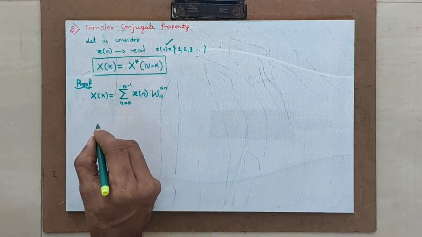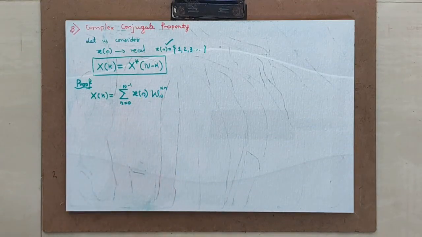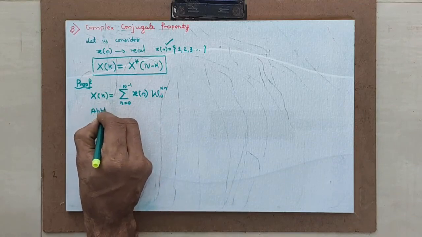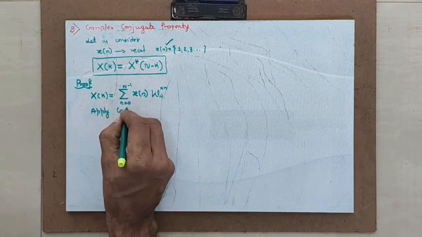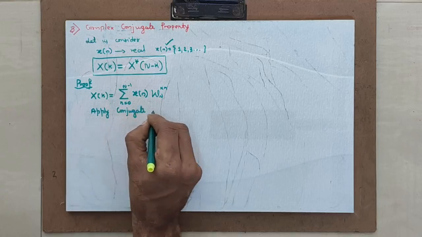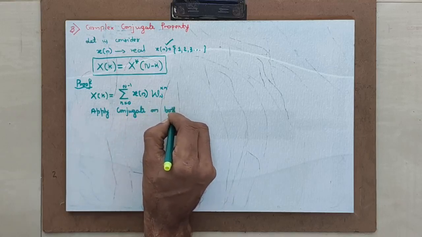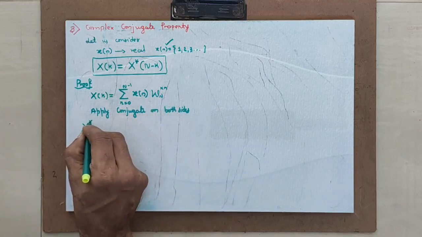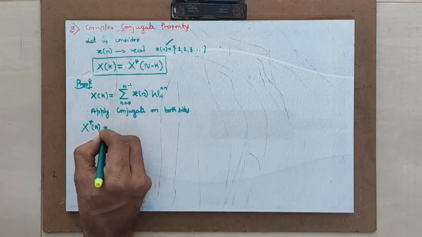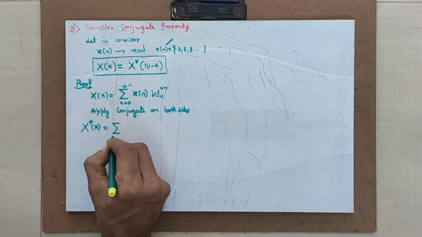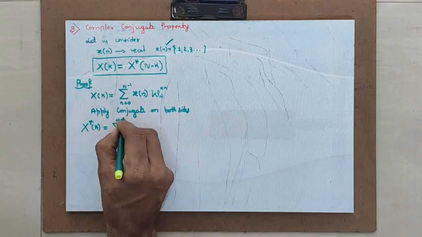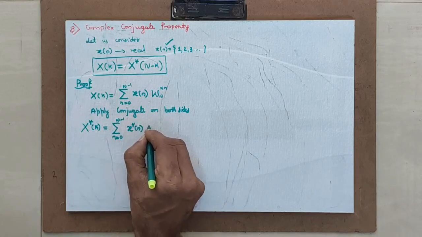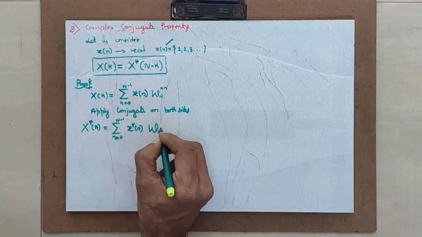Now let us apply conjugate on both sides. That means x conjugate of k is equal to summation n equal to 0 to N minus 1 x conjugate of n W_N raised to kn is there.